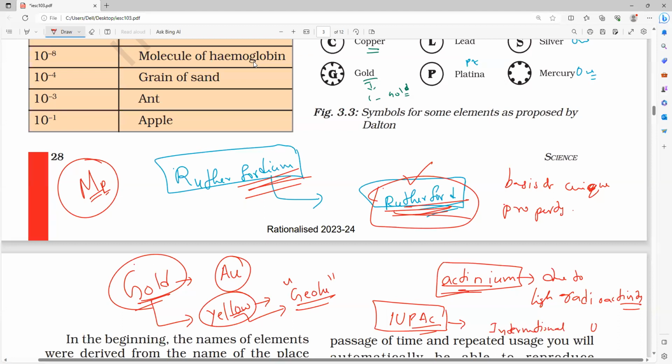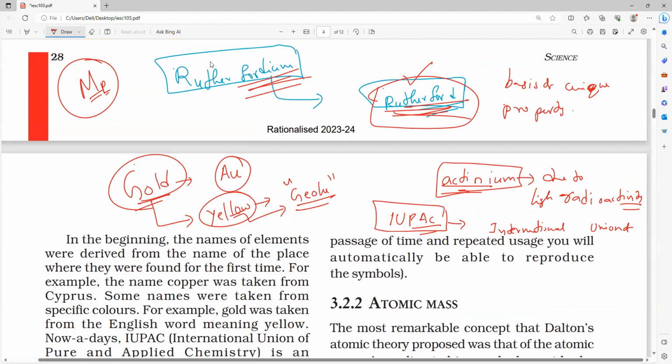International Union of Pure and Applied Chemistry. That is what we call IUPAC. Understand, everybody? This is the organization at present that decides the name of any kind of chemistry discovery or invention, whatever it is.